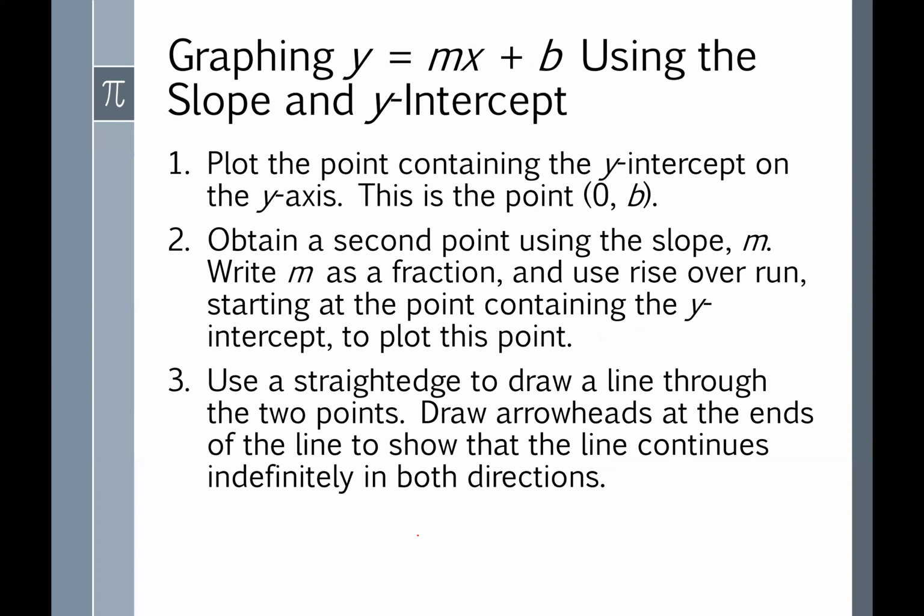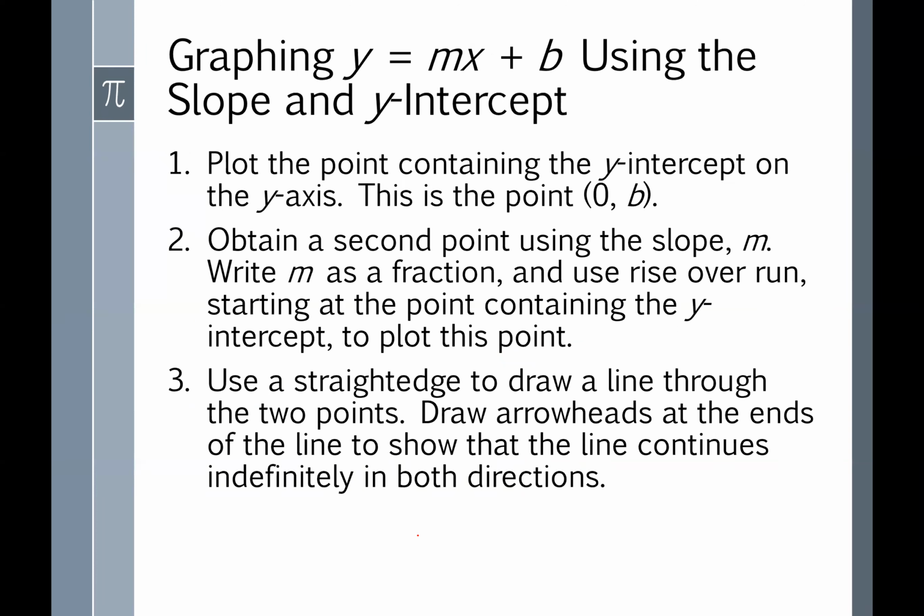All right, so you can use slope and y-intercept to graph the equation of a line. So there are 3 methods for graphing an equation of a line. You can plot points. And we've been doing that since section 1.1.